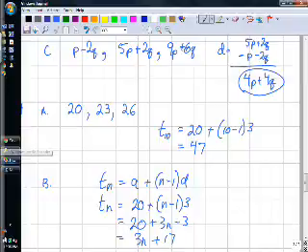Let's take one term and subtract the term just to the left of it. Don't care whether they're numbers, fractions, or whatever. 5p minus p is 4p. 2q minus -2q is 4q. There's our common difference.